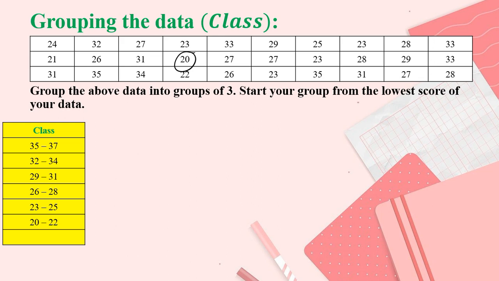If you notice, we went over, but that is okay. It is better to go over than to fall short of our lowest score. So this is our first class, second class, third class, fourth class, fifth class, and sixth class. So we have 6 classes wherein i is equal to 3. Okay?